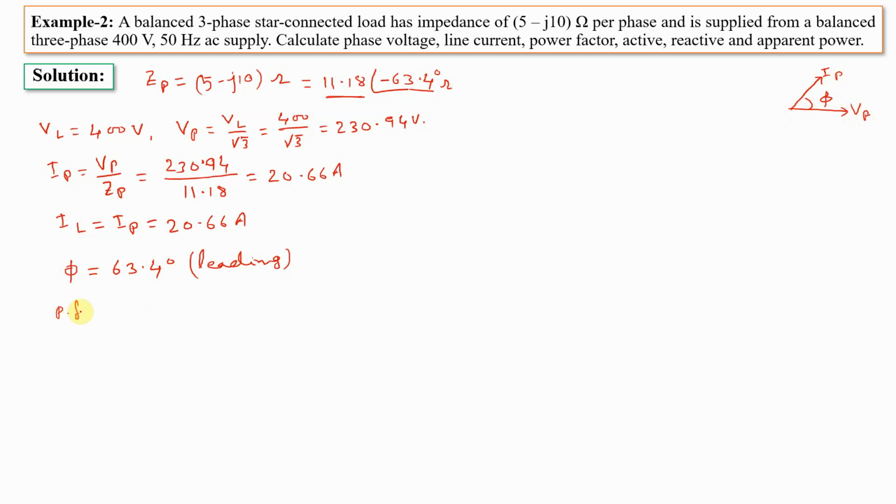Therefore, the power factor of the circuit will be cos phi, that is cos 63.4 degree, and its value is 0.4478 leading.